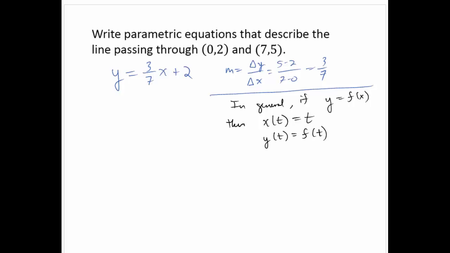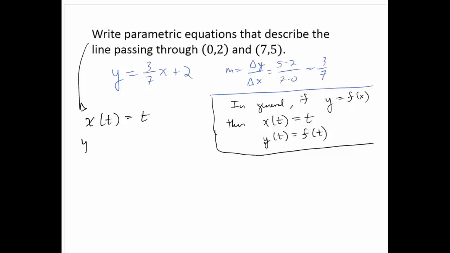And that would describe the parametric equation for the Cartesian equation. So we can just replace x with the parameter, and then y of t is the function at t. So the parametric equations that we can use are x of t is t, y of t is 3/7 t plus 2.